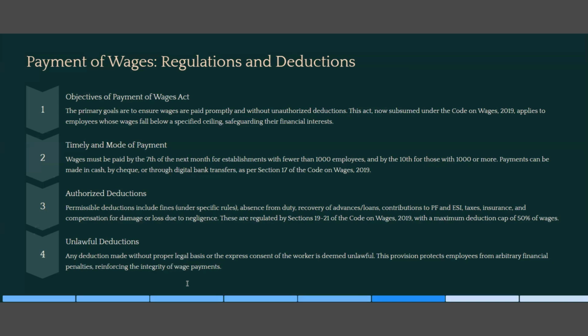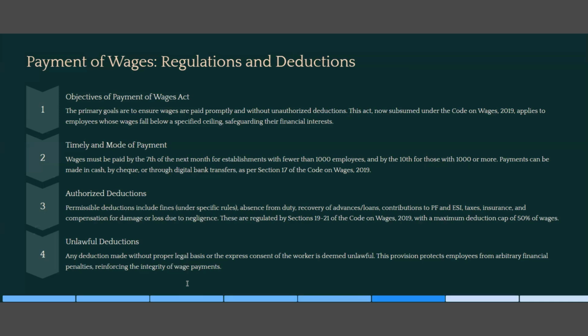Authorized deductions. Permissible deductions include fines under specific rules, absence from duty, recovery of advances, loans, contribution to provident fund, ESI, taxes, insurance, and compensation for damage or loss due to negligence.